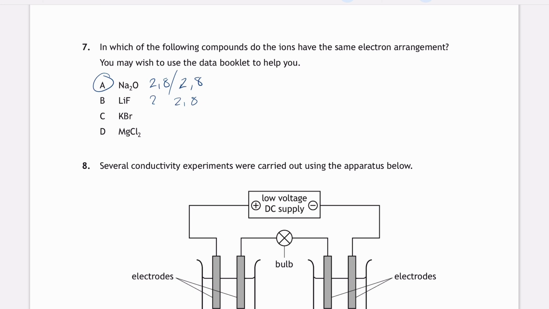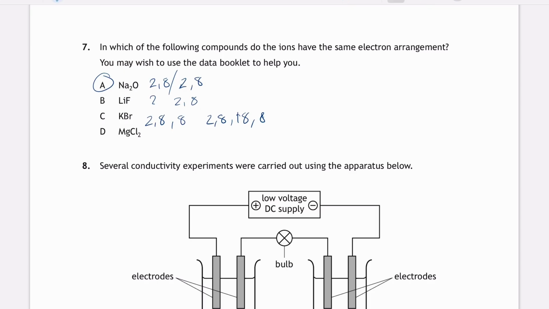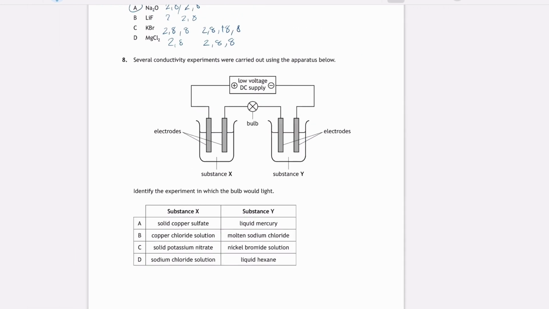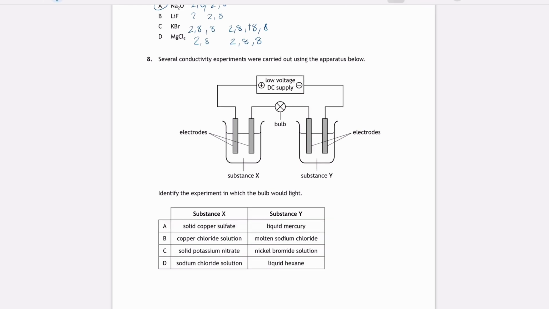So again, they don't match. And then magnesium and chlorine. The magnesium ion would become 2,8, and a chloride ion is 2,8,8. So again, they're not the same either. Okay, so that's how you would do those ones. It's useful to write the electron arrangements down as you go, just to keep you right.